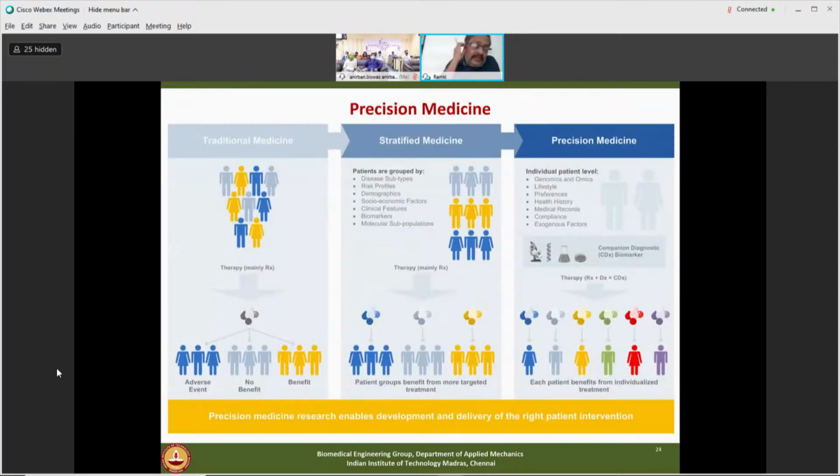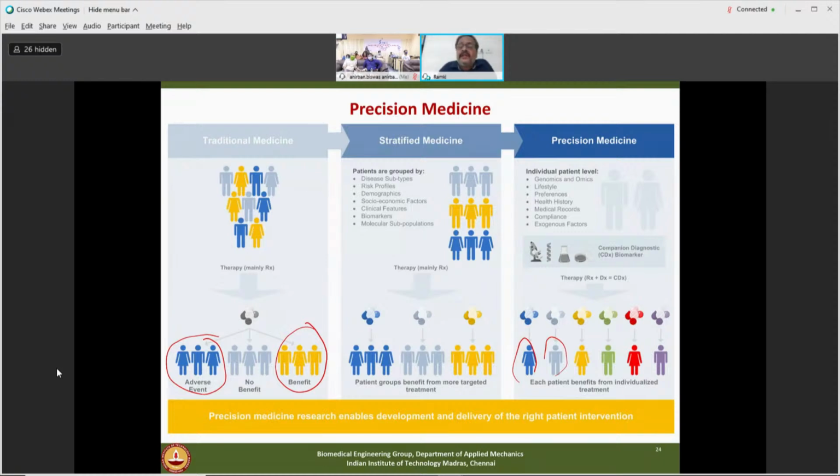And another thing is precision medicine. Precision medicine will be very useful, especially for respiratory system disorders. Instead of having target groups, you can have individual treatment modalities for individual persons.